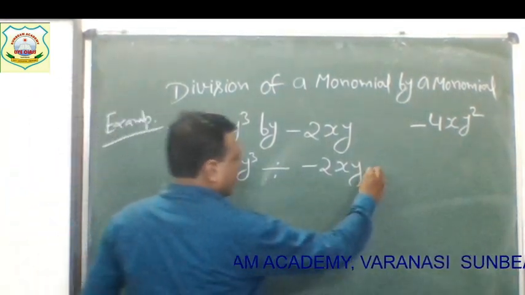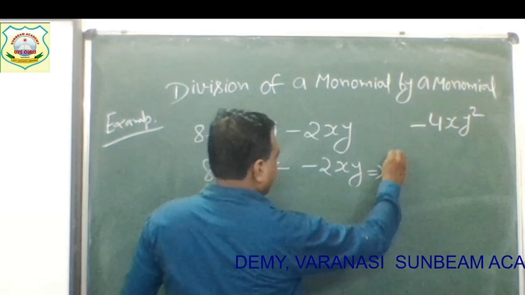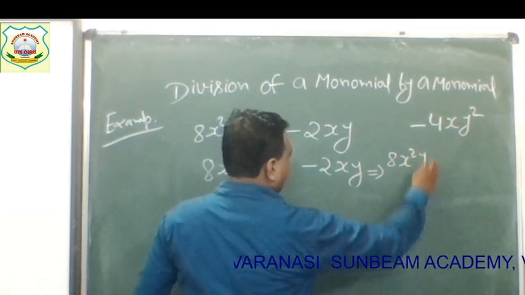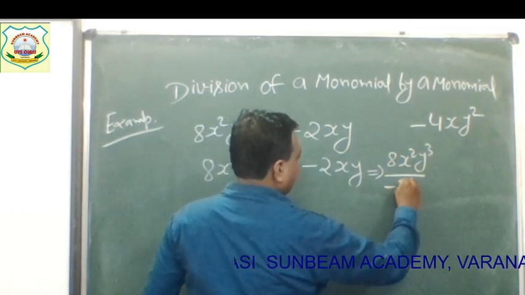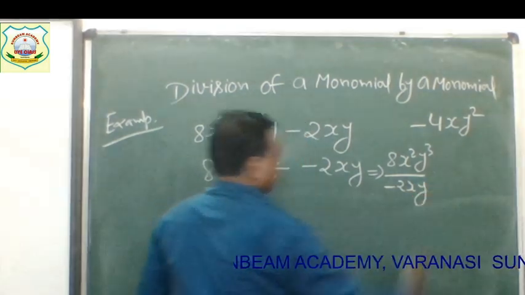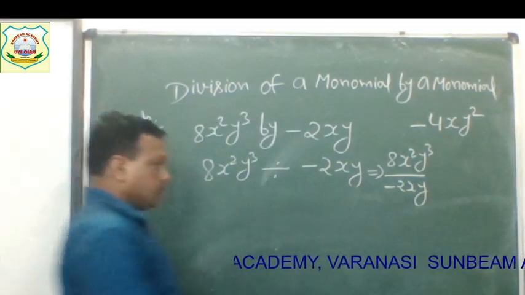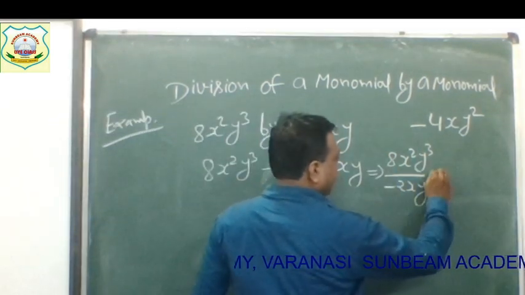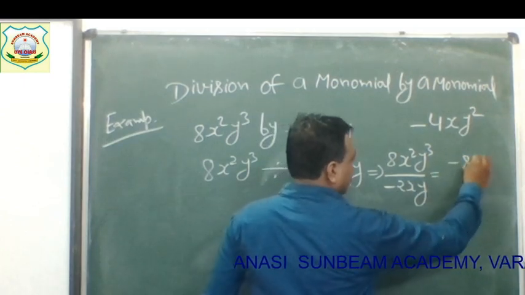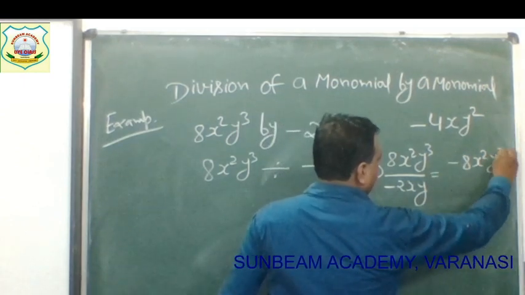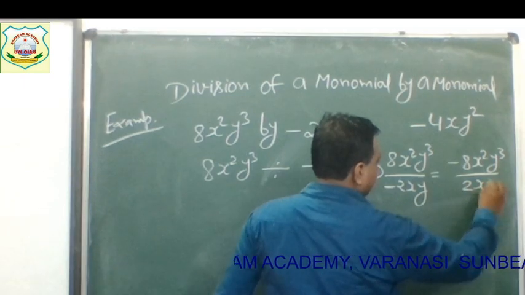This form we can write in such a way: 8x square y cube upon minus 2xy. Clear?